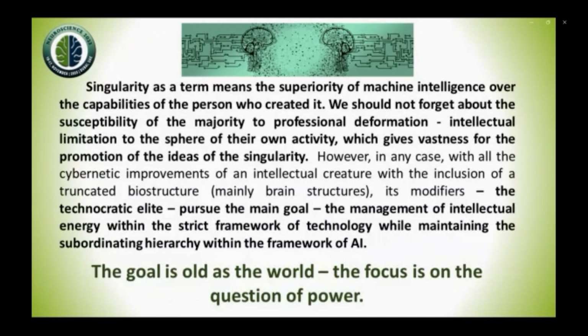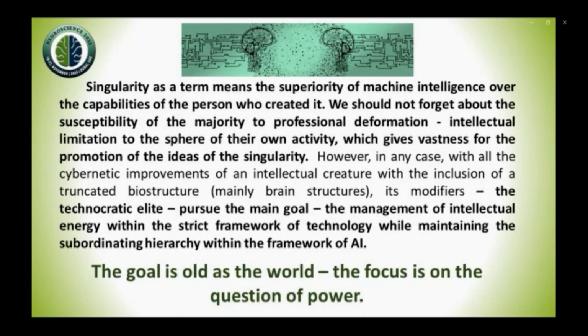We should not forget about the susceptibility of the major to professional deformation, intellectual limitation to the sphere of their own activity, which gives vastness for the promotion of the ideas of the singularity.